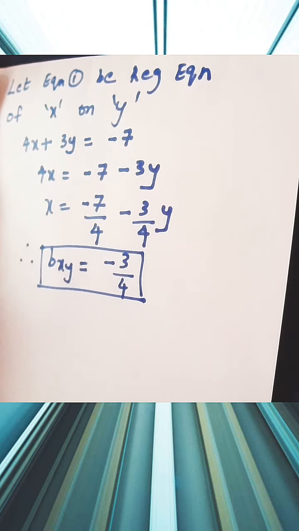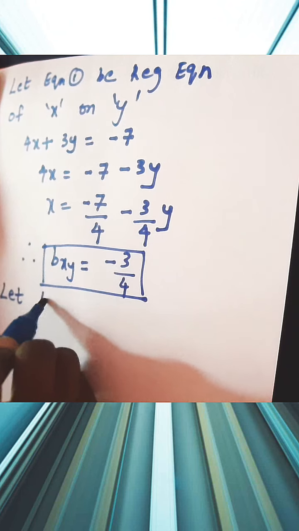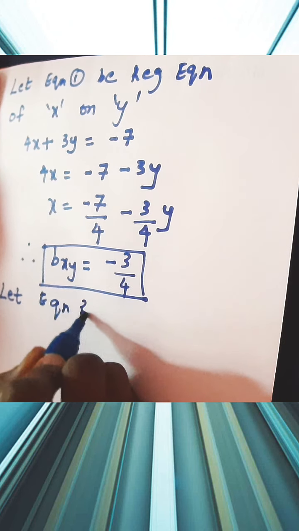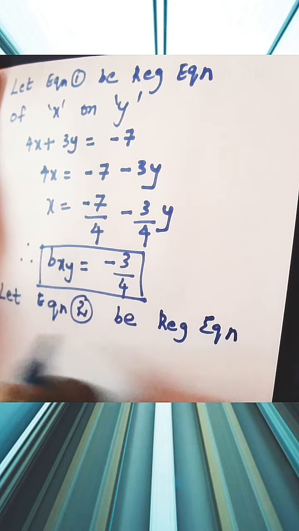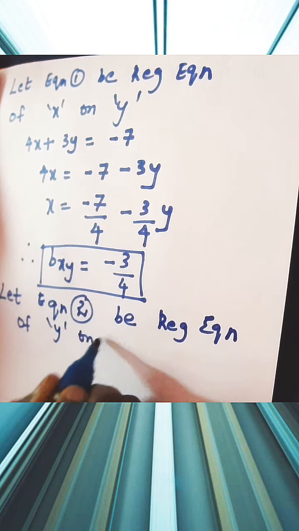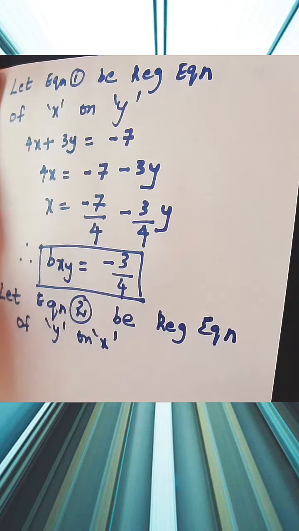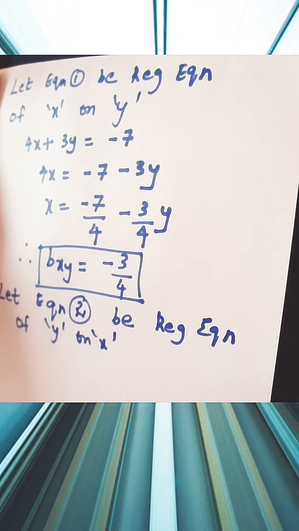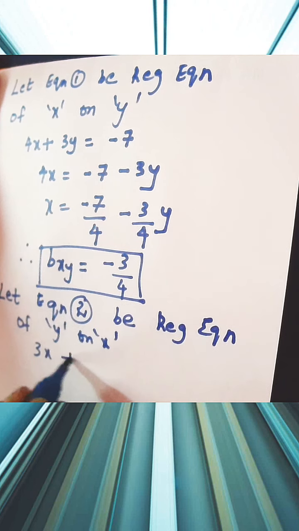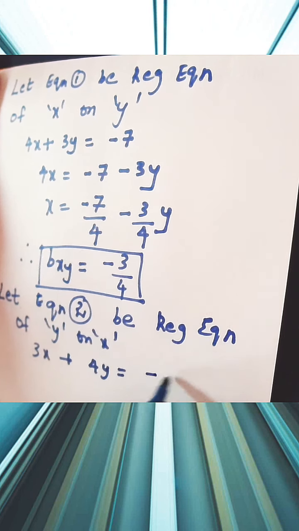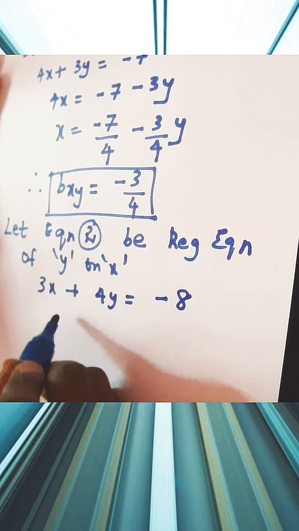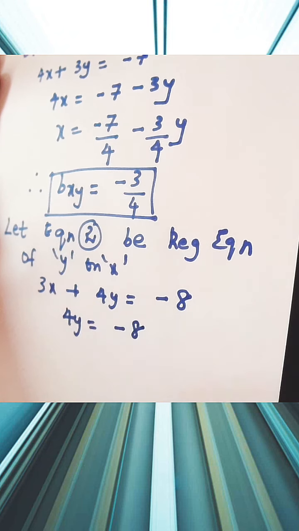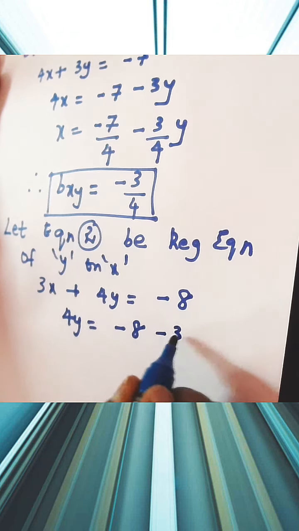Understood? Similarly, we'll take, let equation 2 be the regression equation of y on x. Understood? So what is your equation 2 actually? Your equation 2 is 3x plus 4y is equal to negative 8. We'll make it as y on x. For that, 4y is equal to negative 8, and I can bring plus 3x to the other side, it is minus 3x.